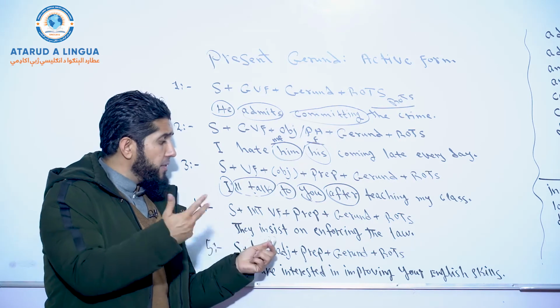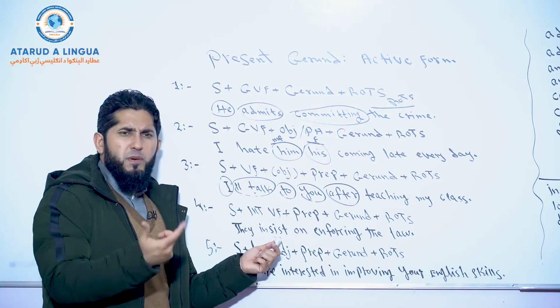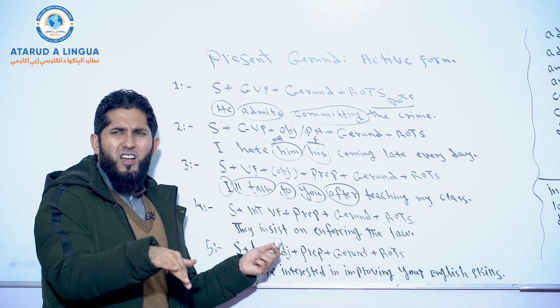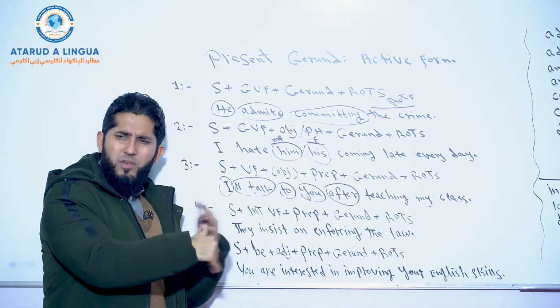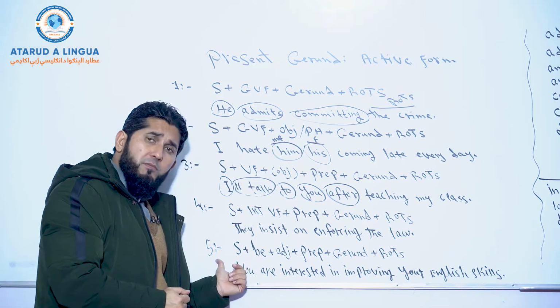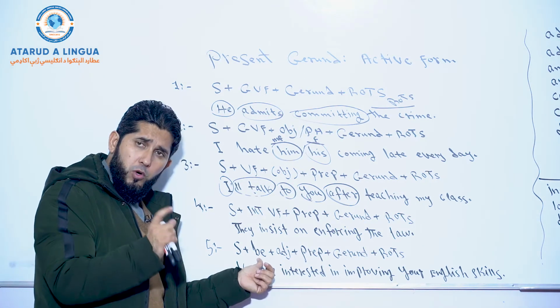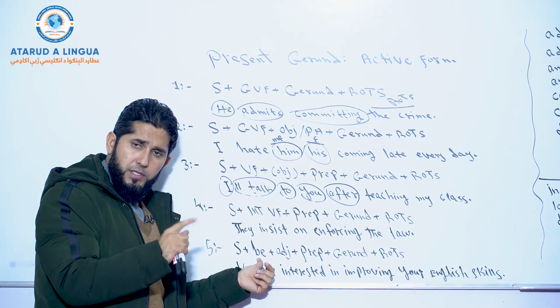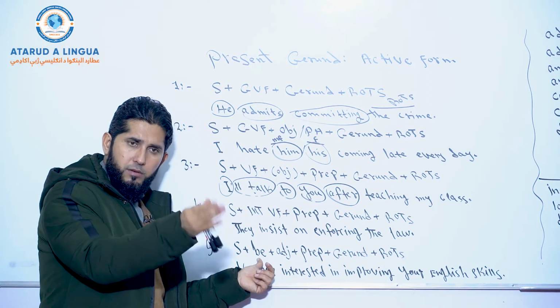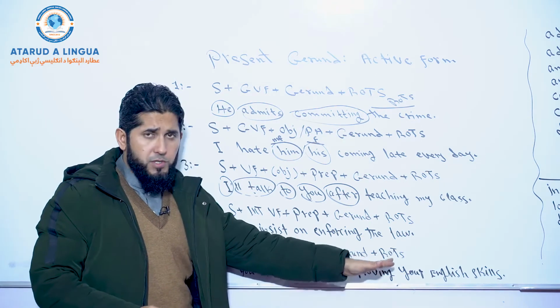So there are many other verbs that later on we're going to be making examples with. Dream about, for example, or work on, or plan on, or other verbs, okay? And finally, structure number 5: subject plus a to be verb form according to the tense and the subject, is, am, are, was, were, been, okay, and then adjective, preposition, gerund, the rest of the sentence.